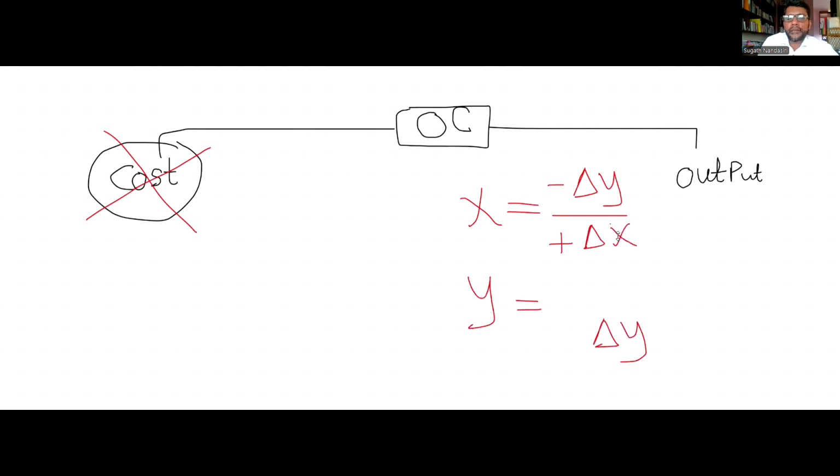This is the simple way that you calculate opportunity cost. Opportunity cost of X, how do you calculate? Change in Y divided by change in X. Opportunity cost of Y, change in X divided by change in Y. Right.